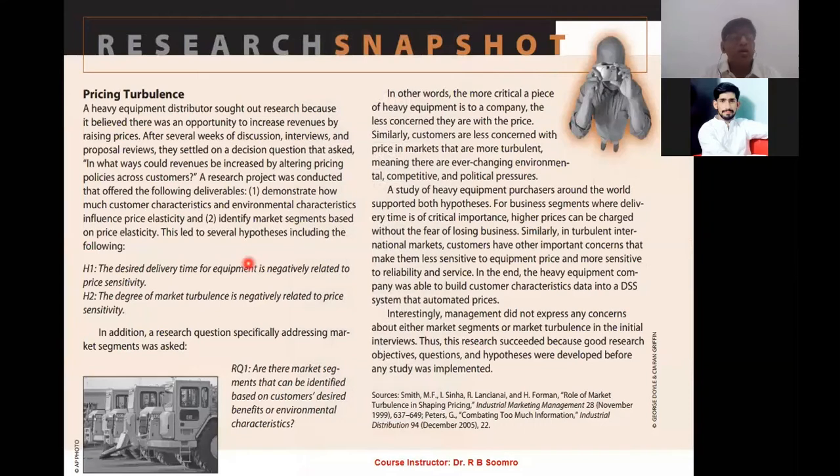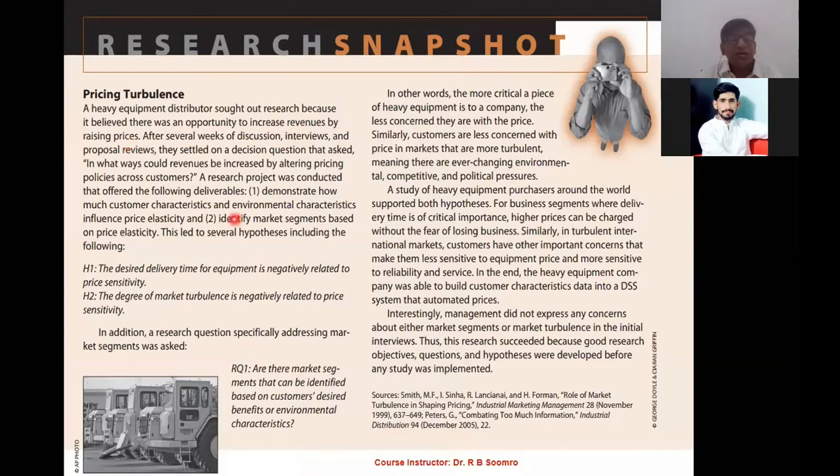Now, pricing turbulence. A heavy equipment distributor sought out research because it believed that there was an opportunity to increase revenues by raising the price. If you raise the prices of your products or services, then your revenue can be increased.